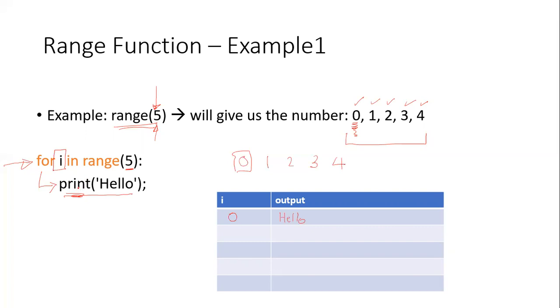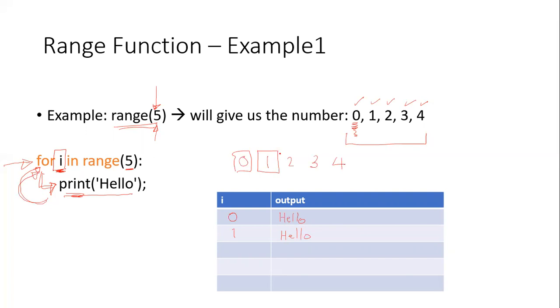When you finished executing this statement, because it's a loop, you're going to go back up to the for loop, and the counter variable I is going to now take the next value in that range. And the next value in that range is 1. So I takes on the value 1 and the statement is executed. Print hello. So it's going to output hello again. And then because it's a loop, it's going to go back up for I in range 5.